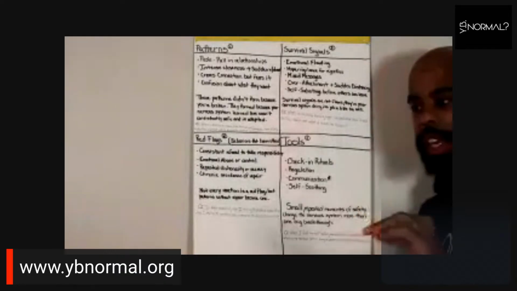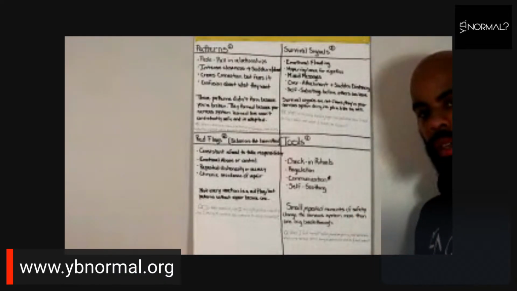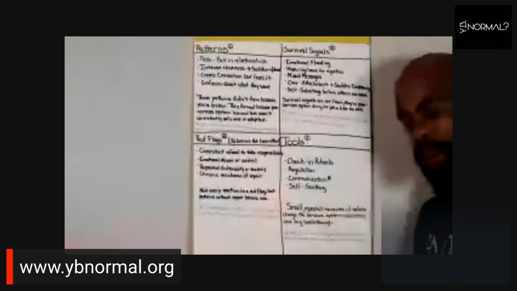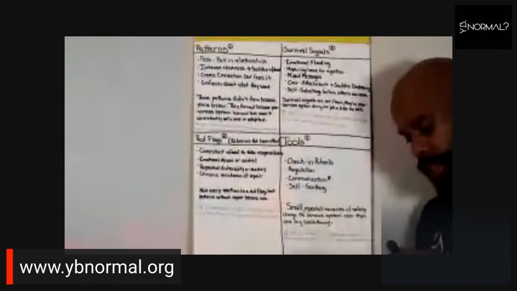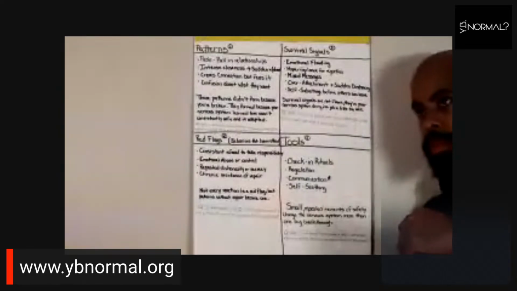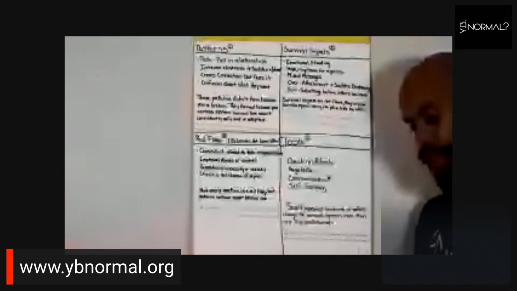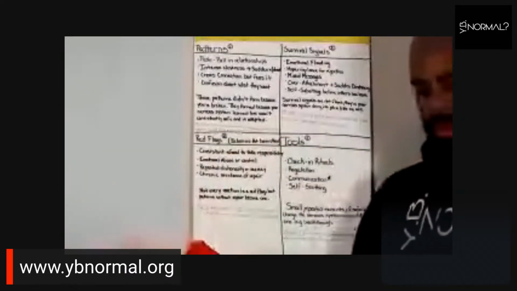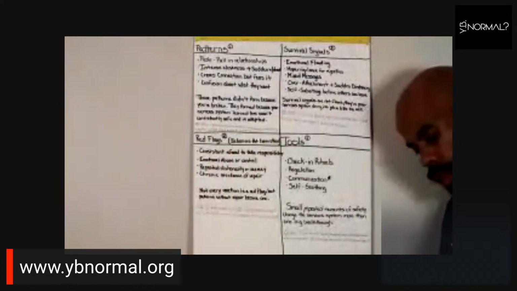Right? It's like trying to find a needle in a haystack. However, when you do the work, your nervous system starts to regulate. So now that widens your window. All right.